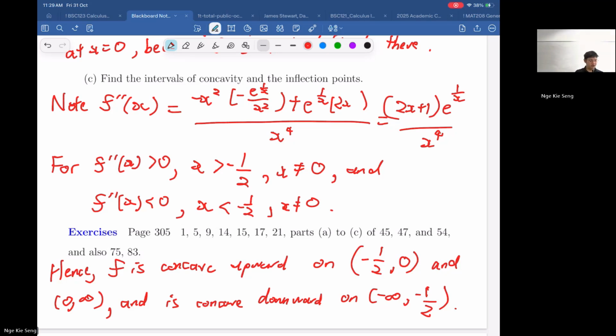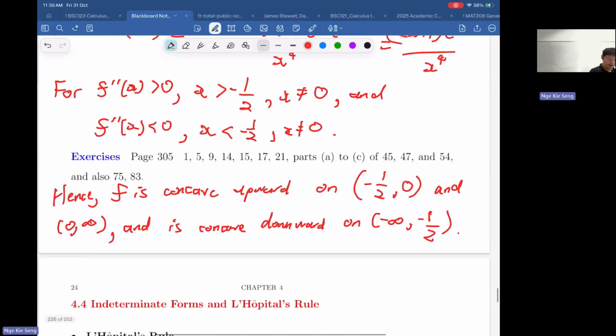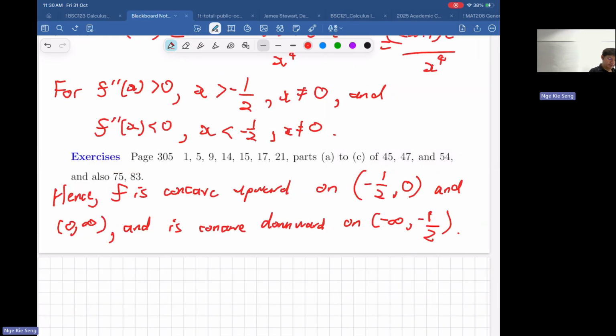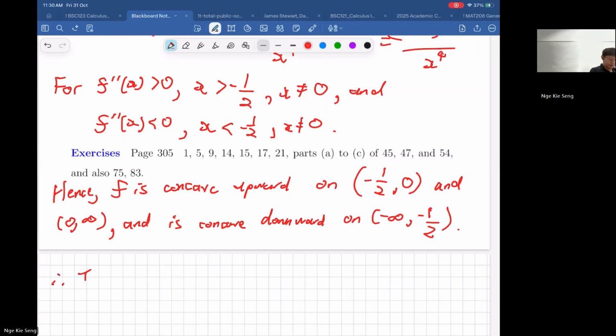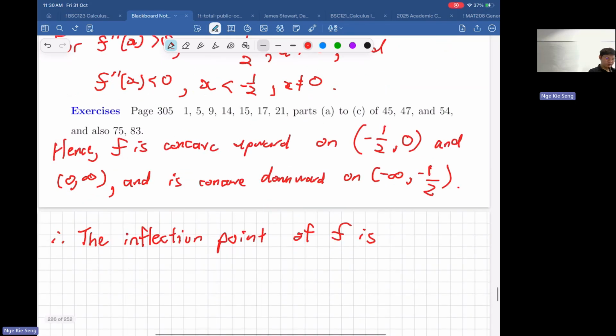Can you imagine what this graph looks like? So where is the inflection point here? From here, we deduce that the inflection point of f is at minus half, f of minus half.